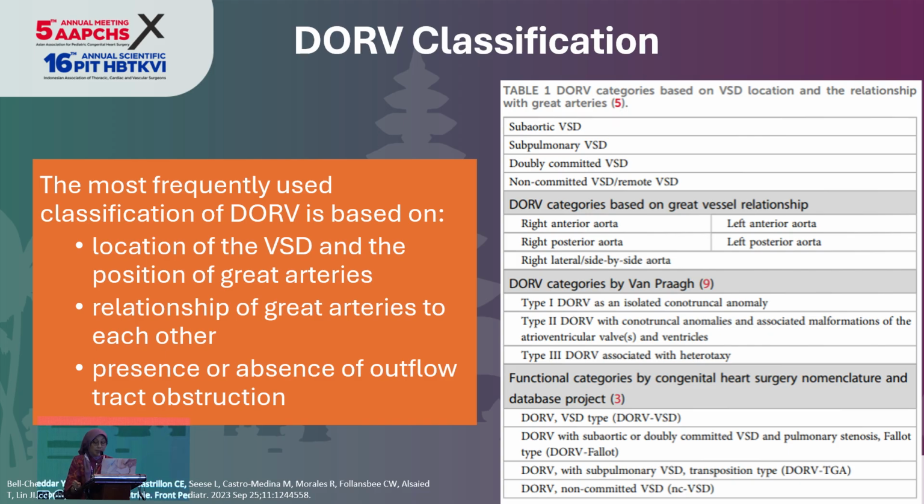Based on this principle, we recognize subaortic, subpulmonary, doubly committed, and remote or non-committed VSD. FUNPRA further expanded the system to include cases with atrioventricular anomaly, conotruncal malformation, and heterotaxy syndrome. This classification provides the foundation for determining the most appropriate surgical pathway for each individual patient.